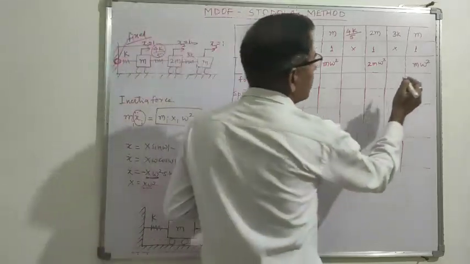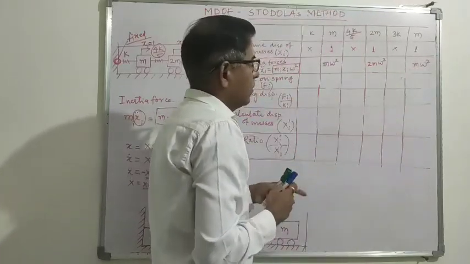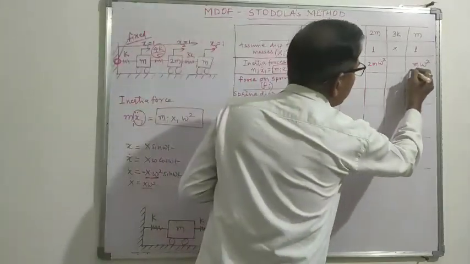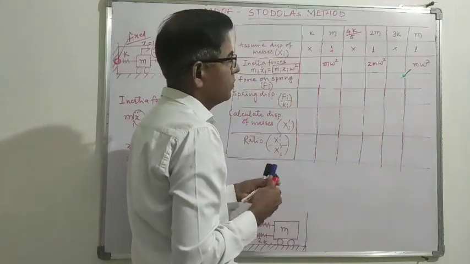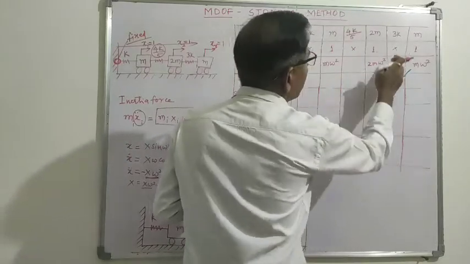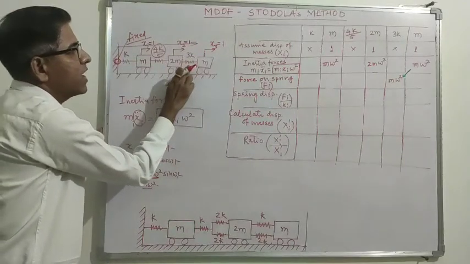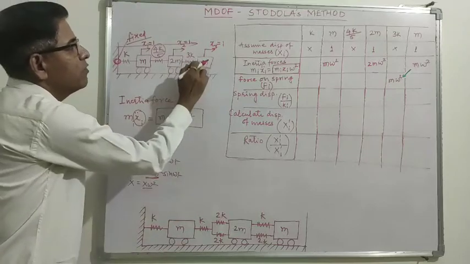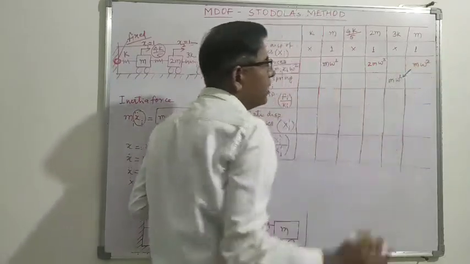It is nothing but this one. Here you simply write down the value as m omega square. For 3k, the force which is acting on the spring is nothing but the inertia force of this mass. And what is the inertia force of this mass? It is nothing but m omega square. So this value has to be written here as it is.